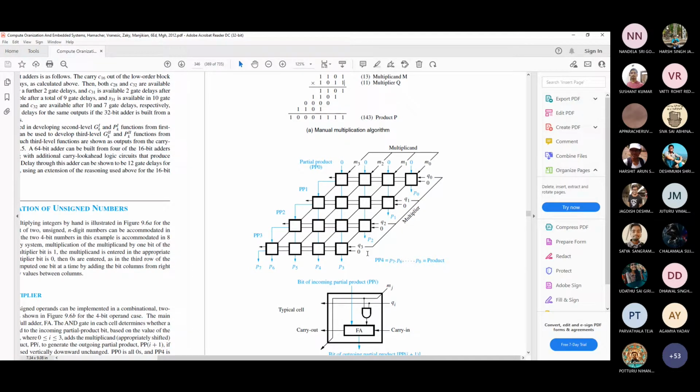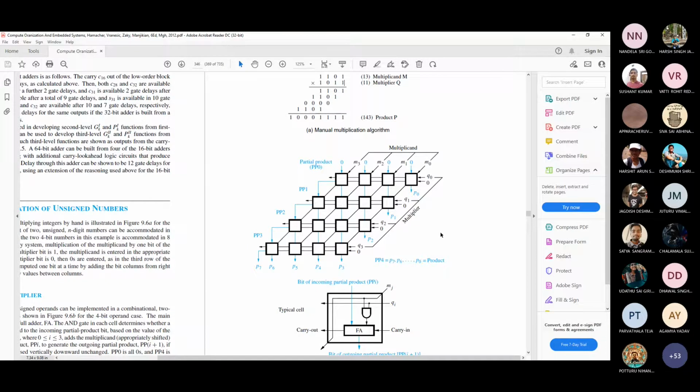Now again, the delay will come, because the longest delay depends on so many factors. This particular block is dependent on this. So accordingly, you can calculate the final delay depending on how many blocks are here and how the blocks are arranged.